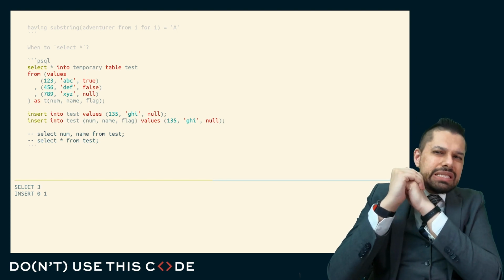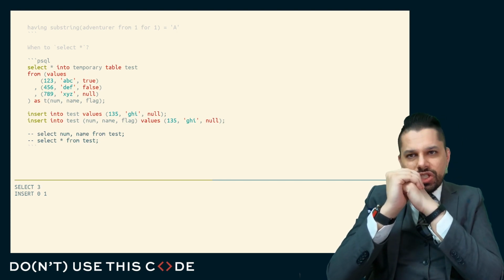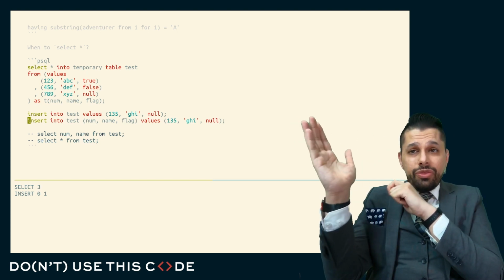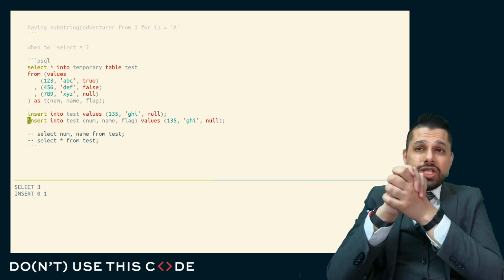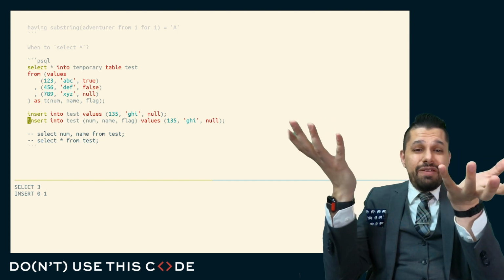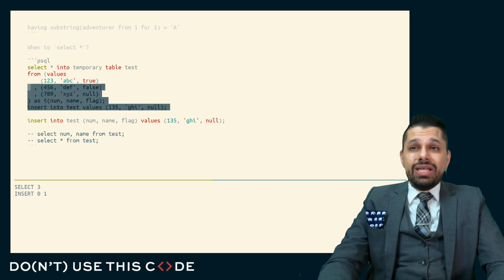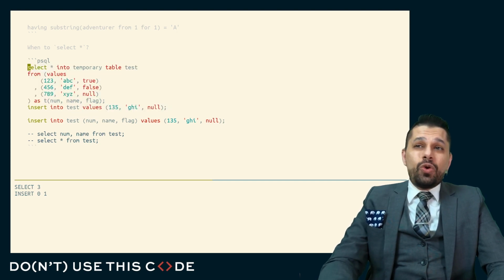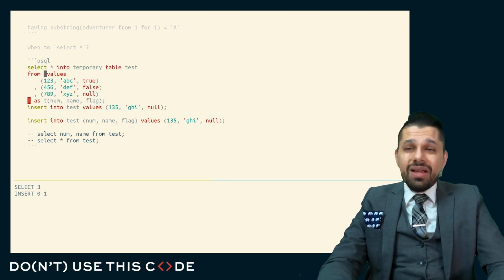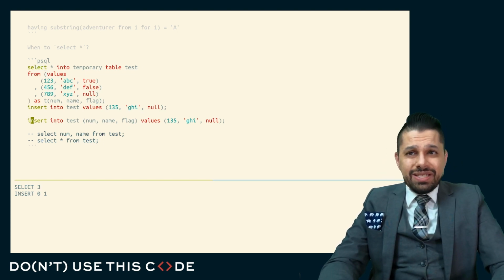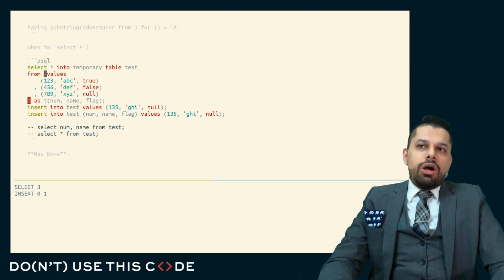Well, if I were slightly distant from the definition of this temporary table, I might want to be really careful that 135 is the num column, that GHI is the name column, and that null is my flag column. If it were the case that in the same transaction, in the same block of SQL, I created this table and then inserted something, well, I can look one line up and see exactly what those columns are. I don't need to specify what the column definitions are.